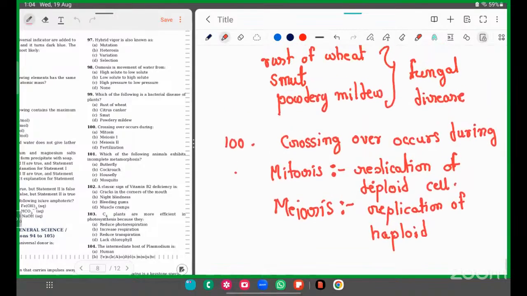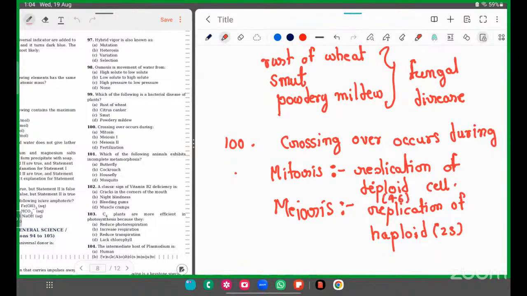So if you go option-wise, mitosis cannot be there because it is replication of diploid cells, and crossing over only occurs in the meiosis process. Meiosis is replication of haploid cell, containing 23 chromosomes, and in this 46 chromosomes.